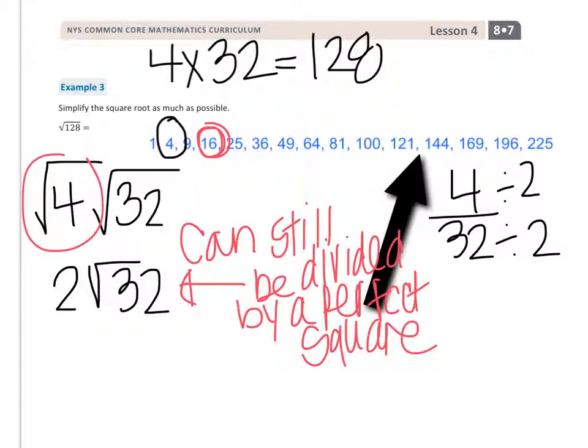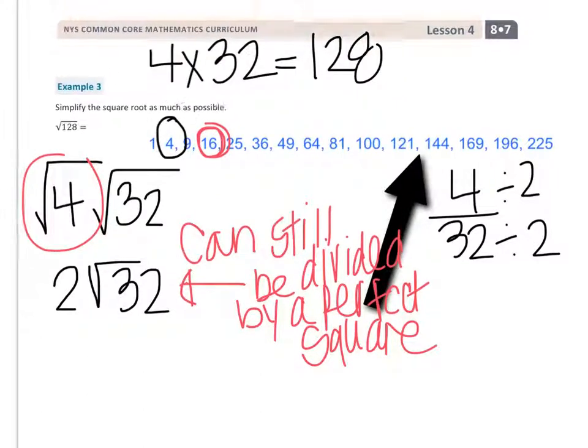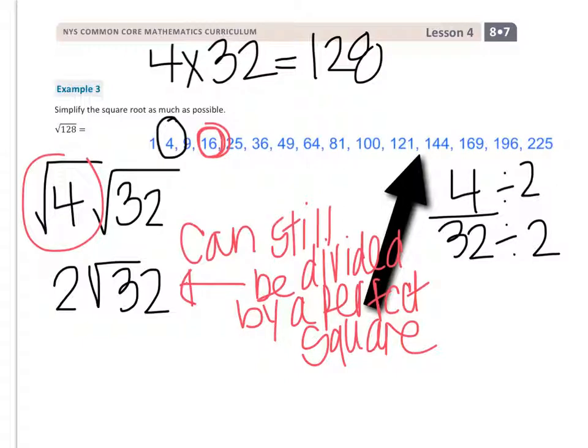So now I'm going to go ahead and break the square root of 32 up again. So I already said 16 goes into 32, and I could change it to 16 times 2 gives me 32. I'm going to bring down my 2 in front. Notice how 16 times 2 gives me 32. I just broke it apart to give me a perfect square.